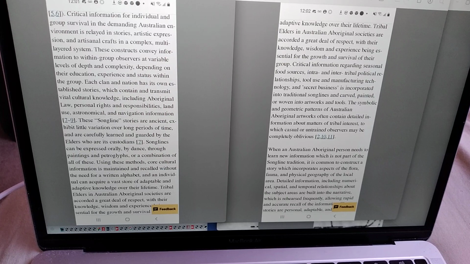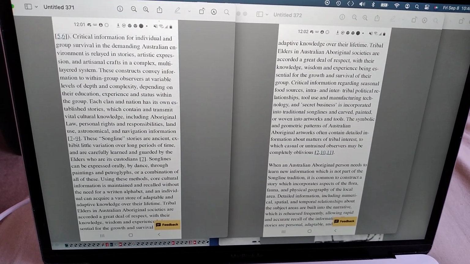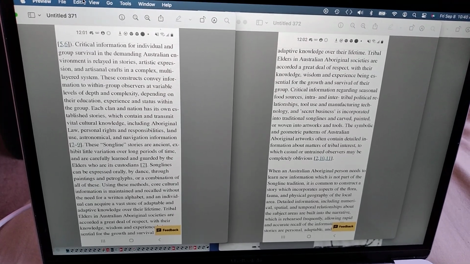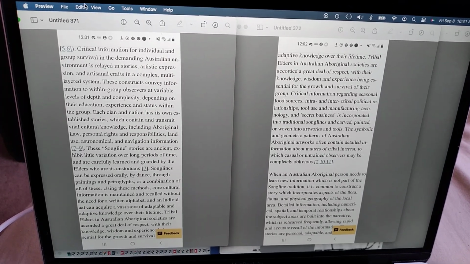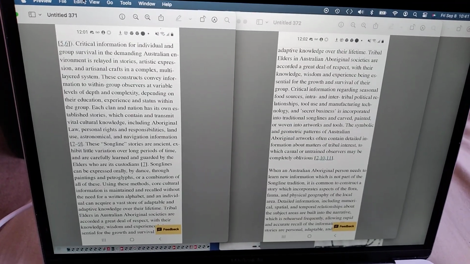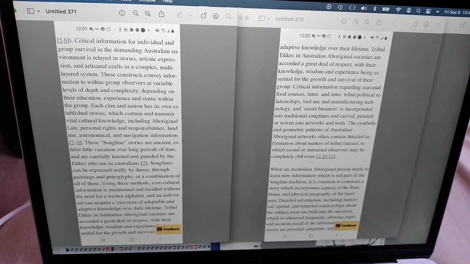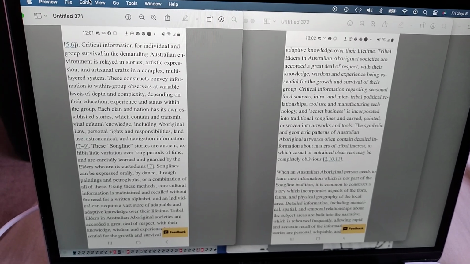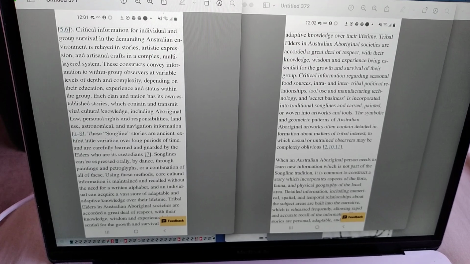Each clan and nation has its own established stories which contain and transmit vital cultural knowledge, including Aboriginal law, personal rights, and responsibilities, land use, astronomical and navigational information. This is specifically talking about the Australian context, but it largely holds across the spectrum of ancient traditions.